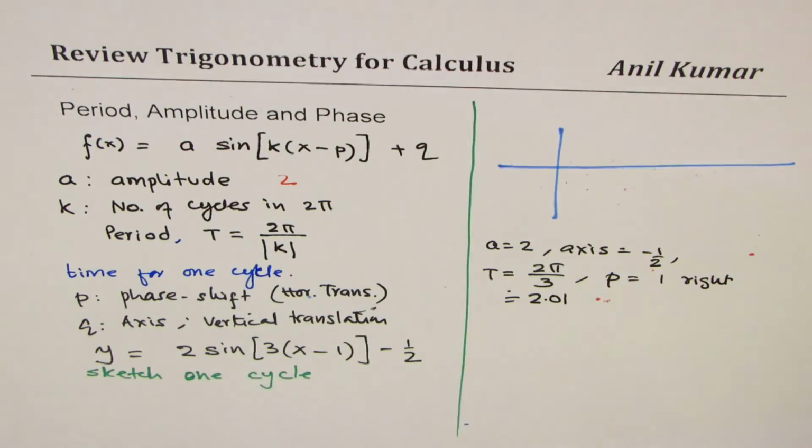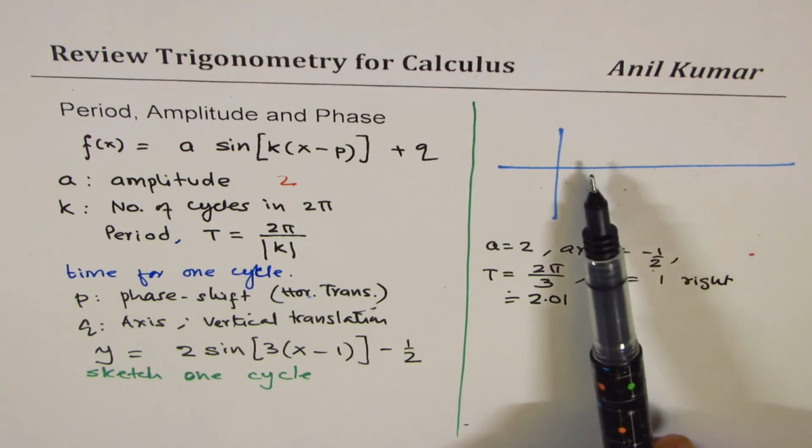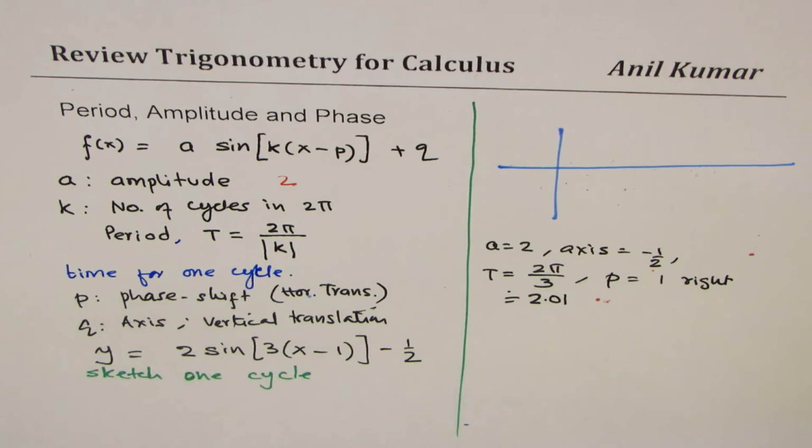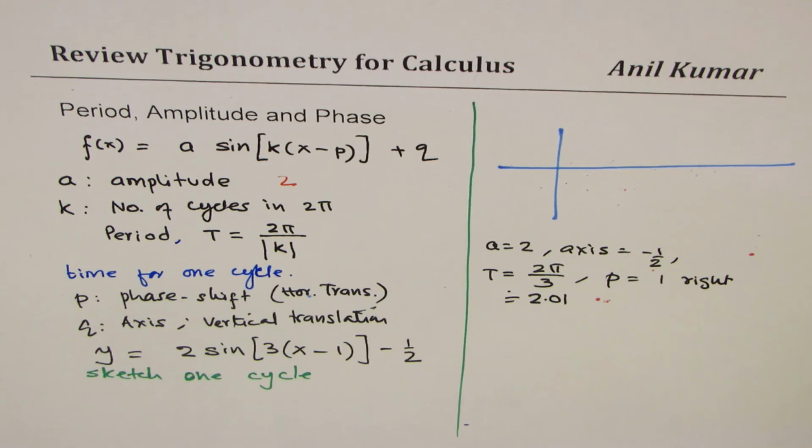Slightly more than 2. That's what I'm trying to say. So when I do a phase shift of 1, it's slightly more than half of the time period. Do you get my point? So 1 here really means that it is almost half of it, correct? So that's the whole idea.